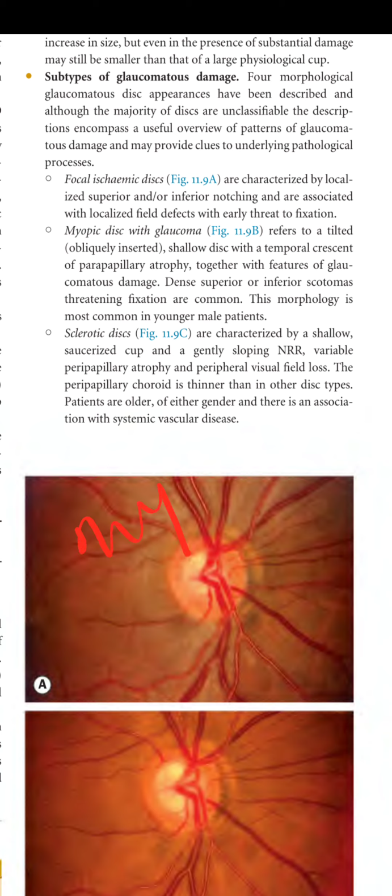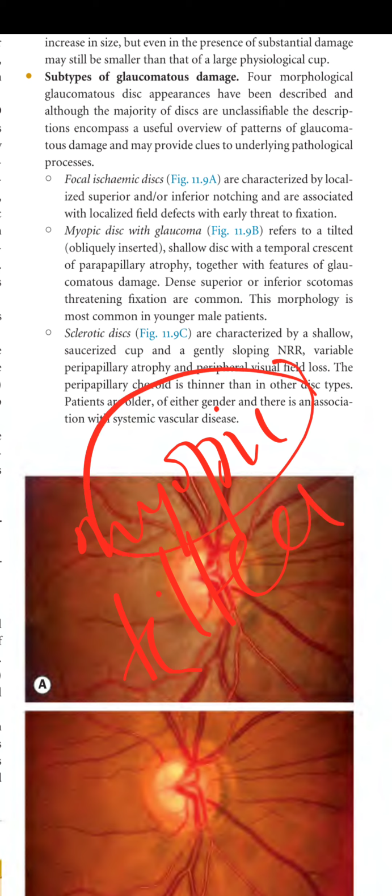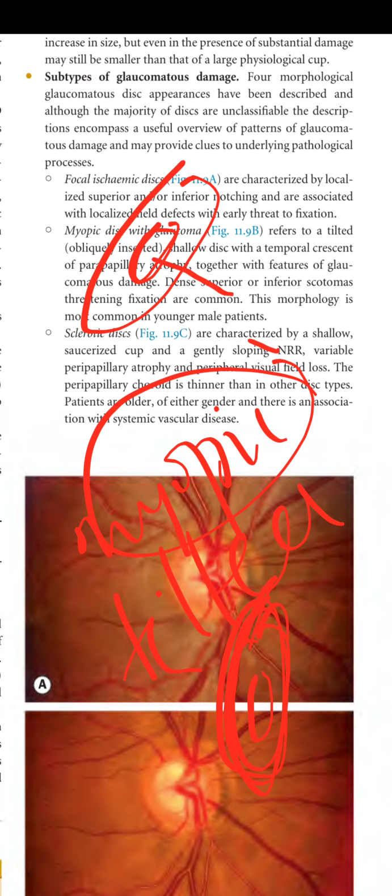A myopic disc is usually a tilted disc, and it is very shallow, without very clear margins. It will have a tilted appearance and a very small cup. If such a disc has glaucomatous damage, it will also show signs of glaucomatous damage.